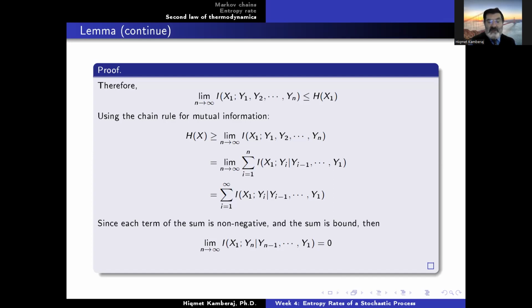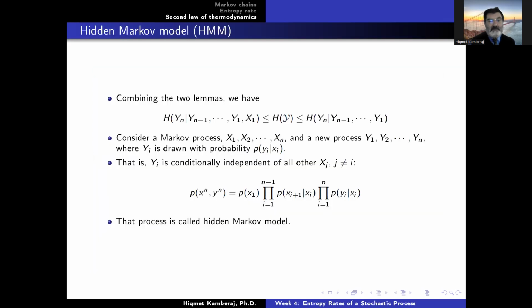Since each term in the sum is non-negative and the sum is bounded, the limit when n goes to infinity of this conditional mutual information between x1 and yn given y n minus 1 up to y1 is equal to 0. Now, this is the definition of the hidden Markov model.